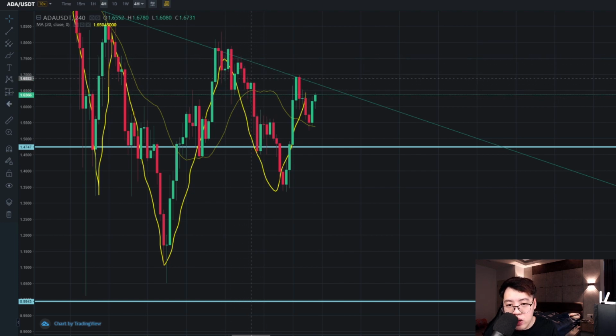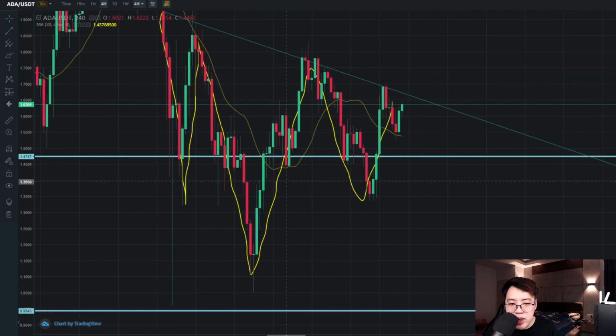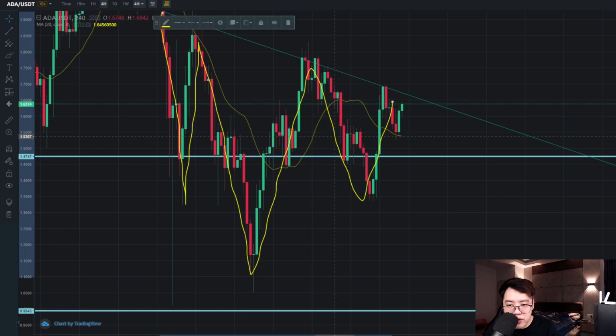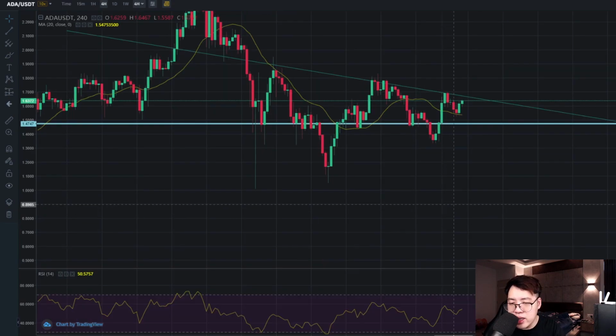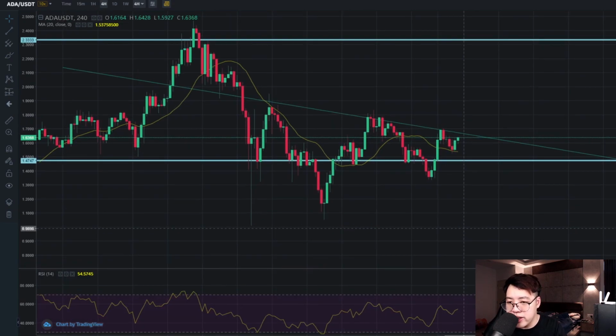If it breaks below the moving average line, you can see a very strong downtrend. If it breaks above, you will see a very strong uptrend. If it fails to break below the moving average line, you will see a strong reversal uptrend. Can you see that? So the moving average is also an indication of your support and resistance.